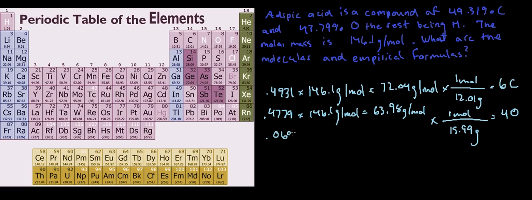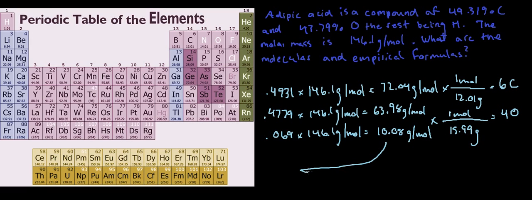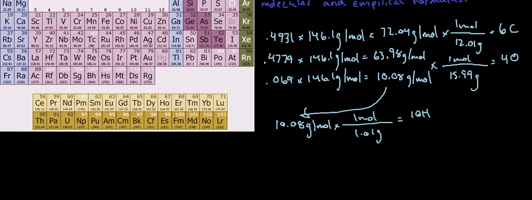So I'll convert that into a decimal and then multiply it by the molar mass, and divide by the molar mass of hydrogen. And this is equal to 10 hydrogens.